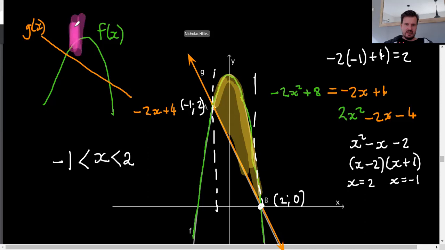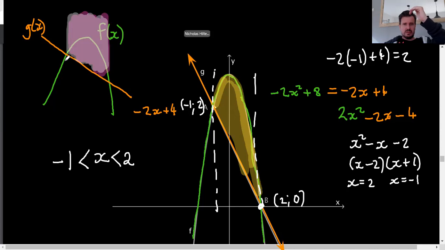It's bigger over here. Can you see that the parabola is above the straight line where I've highlighted? Yes, I can. So that is technically where f of x is greater than g of x, because it's higher.